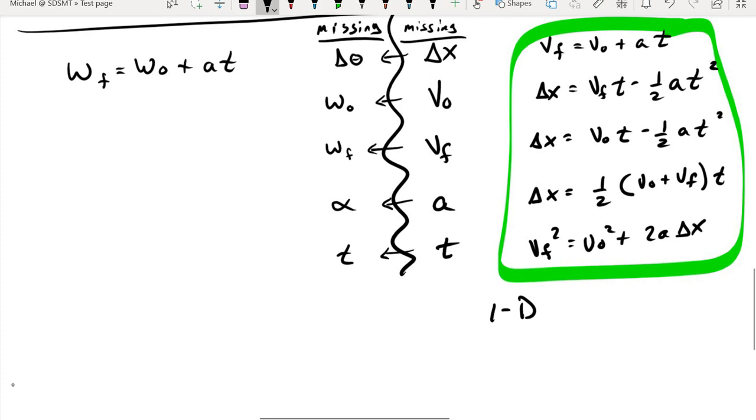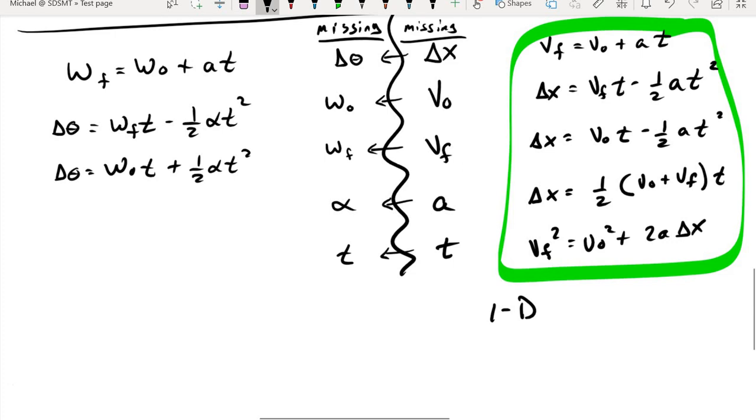The second equation will be rewritten as delta theta equals omega final t minus half alpha t squared. Third equation, delta theta equals omega initial t plus half alpha t squared. Next equation, delta theta equals half omega initial plus omega final times time.